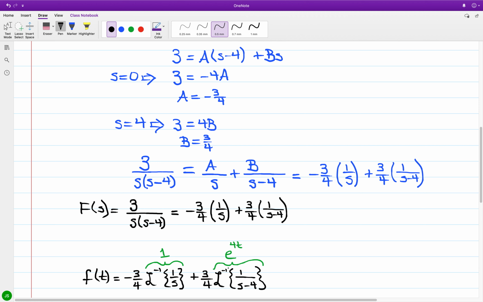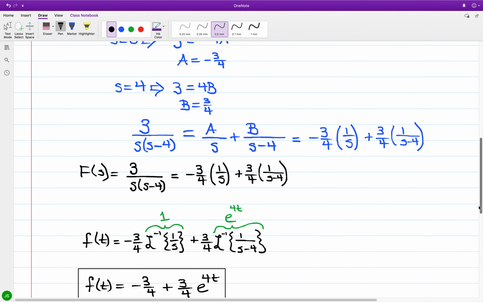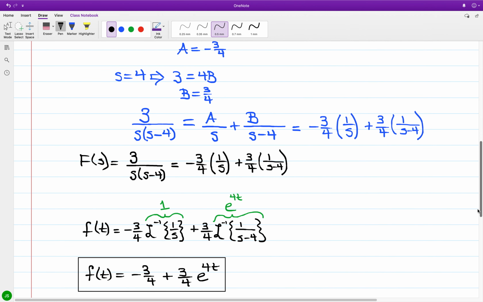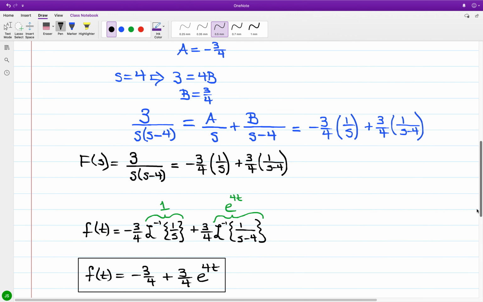Then we have plus 3/4 of the inverse Laplace transform of the reciprocal of s minus 4, which in this case is e to the 4t. For the end result, f(t) is equal to negative 3/4 plus 3/4 times e to the 4t. All right.